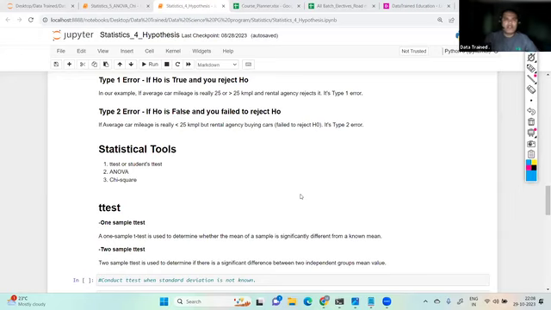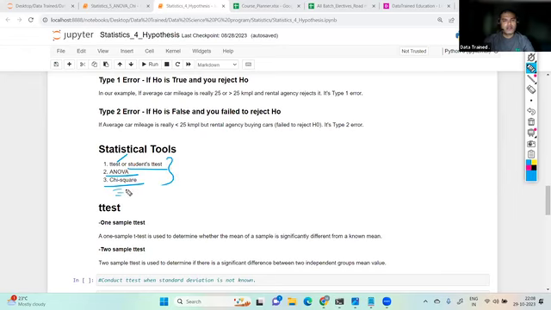Now let's talk about statistical tools. There are various statistical tools. The most important are the t-test, also called student's t-test, the ANOVA test, and the chi-square test. There are other tests which are not that popular.